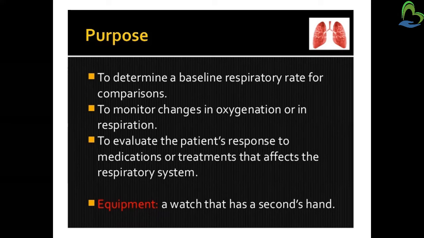We can check normal or abnormal breathing rates to evaluate the patient's response to medications or treatments that affect the respiratory system, whether the medications given for breathing difficulty or the treatment are effective or not.